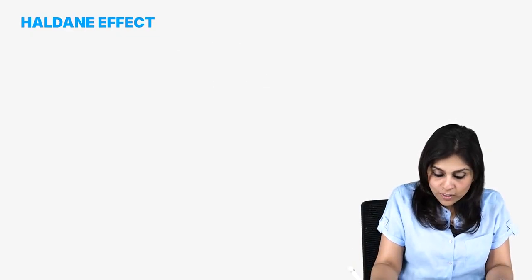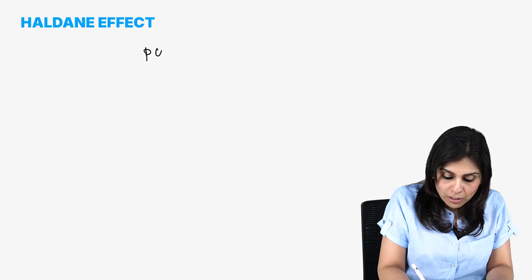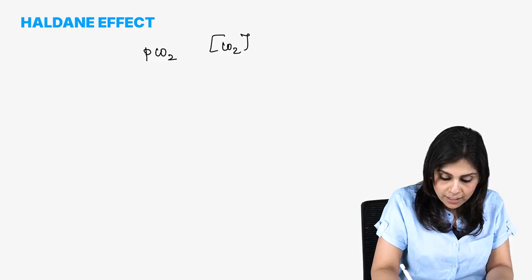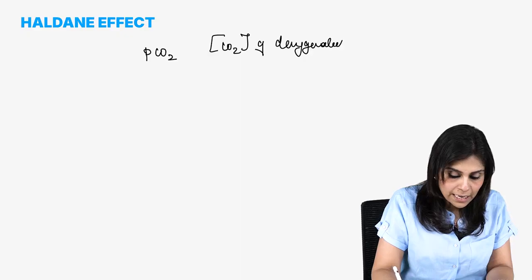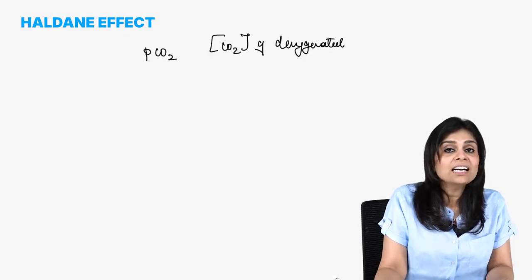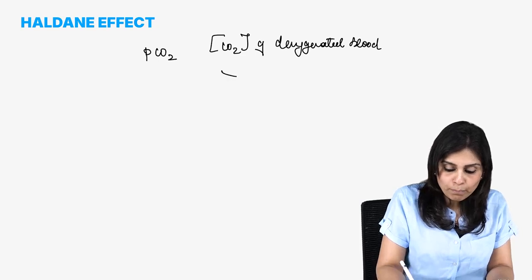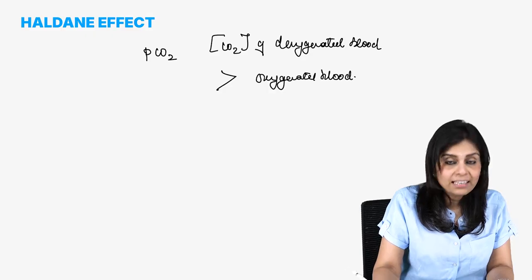Okay, so Ganong says that in the Haldane effect, at the same partial pressure of carbon dioxide, the content of deoxygenated blood will be more than that of oxygenated blood. Yeah, that is called the Haldane effect.